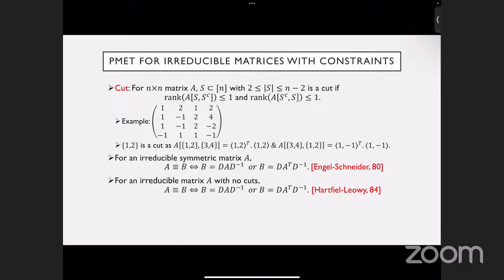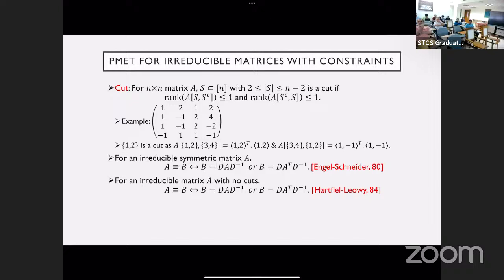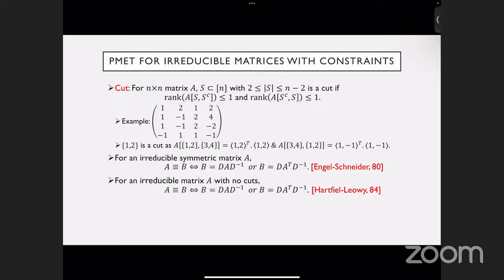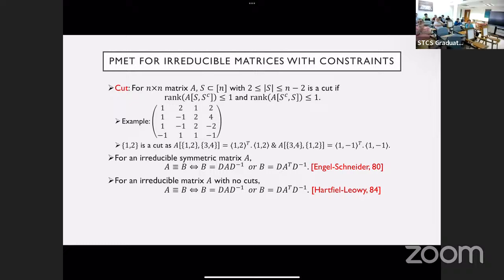What do you mean? The symmetric matrix A transpose is just A, no? Yes. Okay.